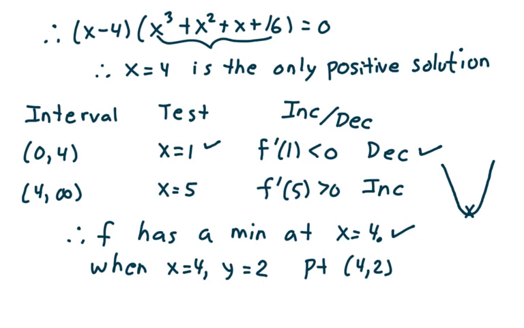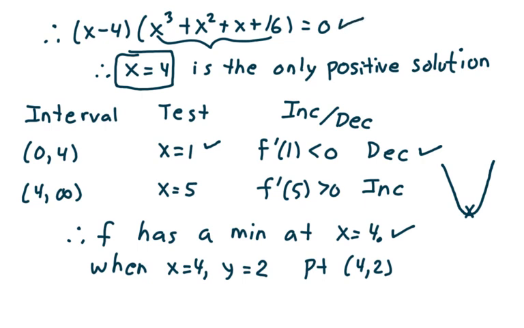And so x equal 4 is the only positive solution, right? Because if we plug in a positive value for x in this other factor, x cubed plus x squared plus x plus 16, there's no way you're going to get 0 back. And so x equal 4 is the only positive value that will work for this equation here.